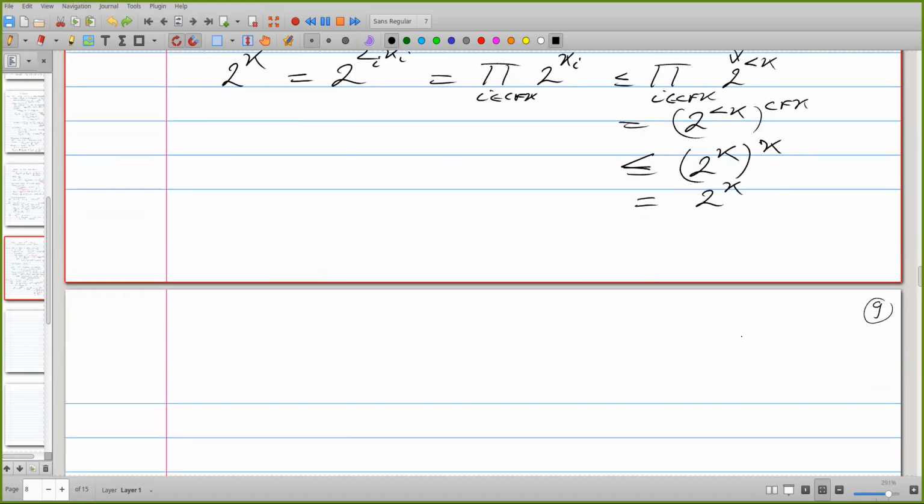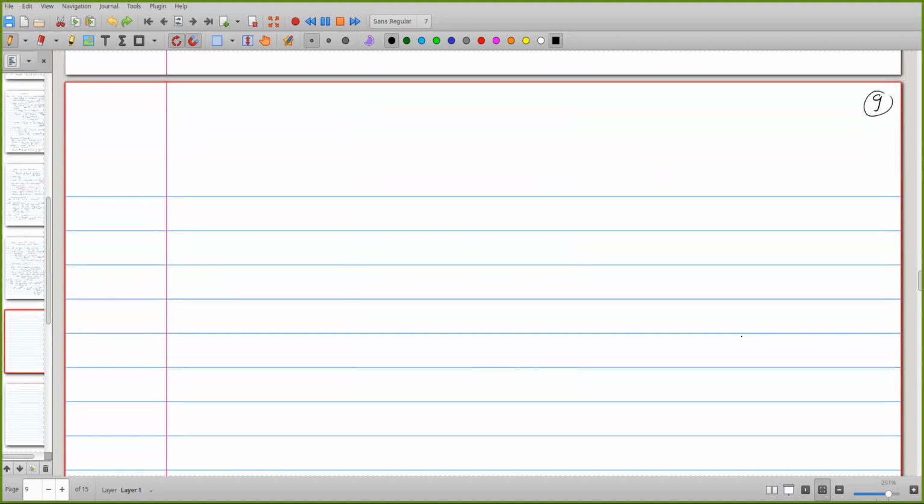And now we are going to get things of the form if-then-else. First consequence.